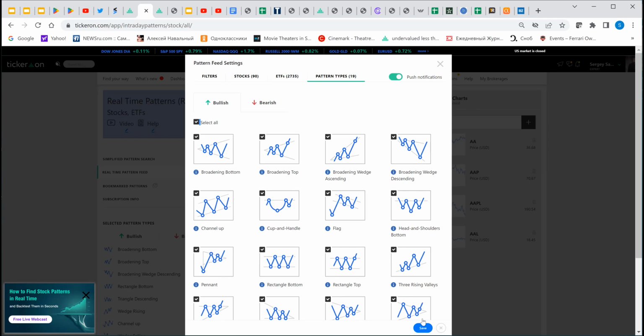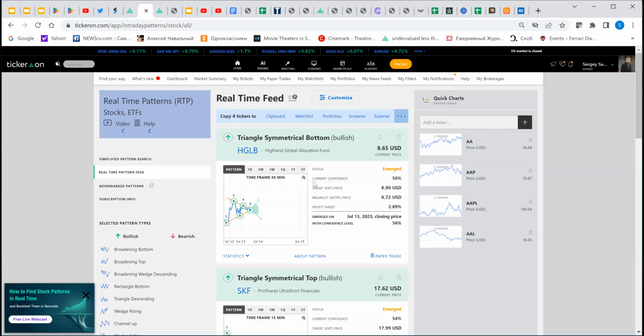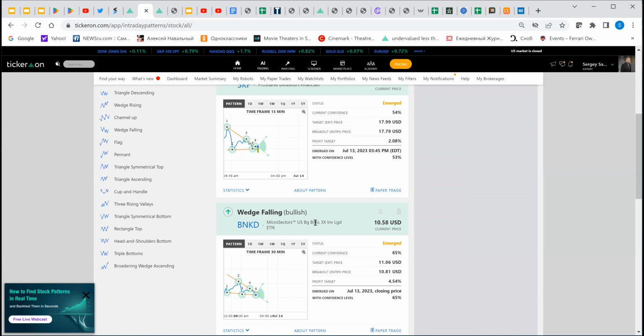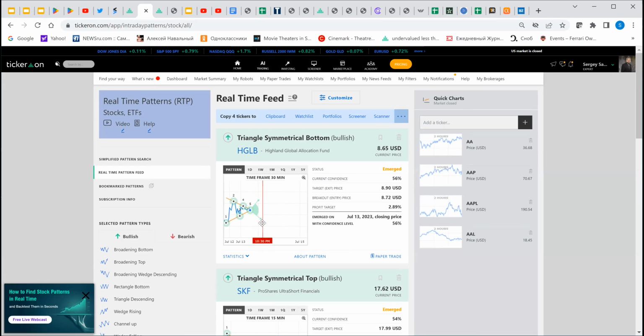And then I'm searching only for the bullish patterns for particular time frames, okay? And now you see all of them agreeing. So look, see, bullish and bearish nothing, right? So I'm looking only at intraday patterns, and what it shows me, time frame 30 minutes.